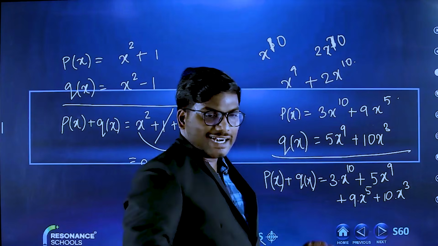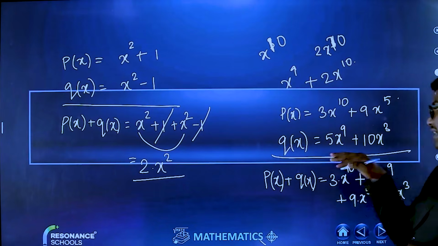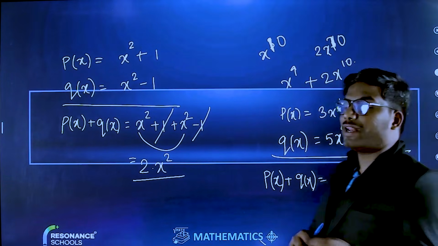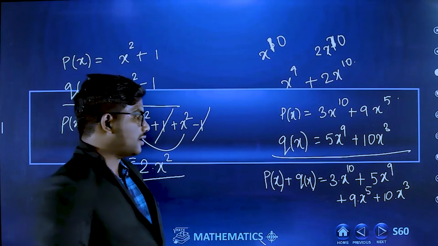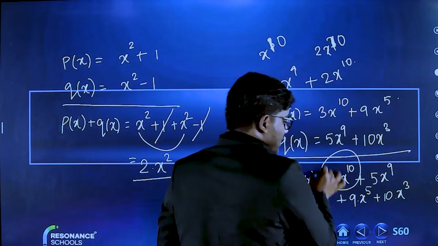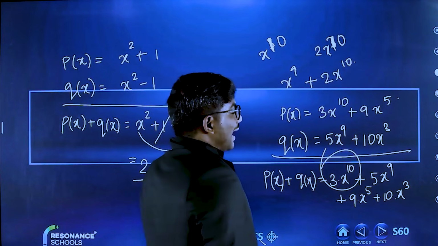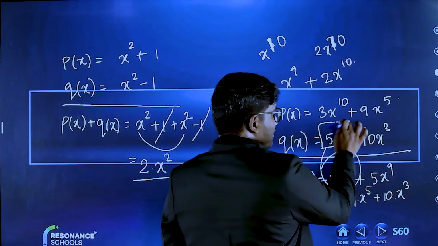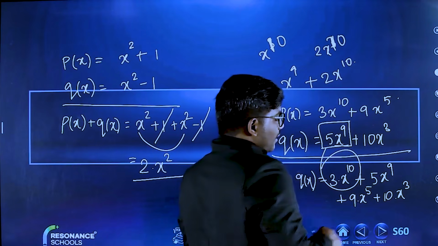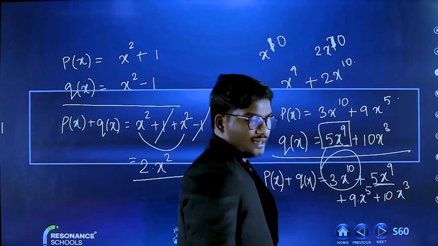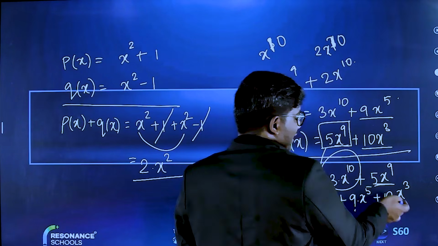It is a standard practice that while writing polynomials, we will write the terms in terms of their exponents in descending order. We will write the highest exponent first, which in this case was 3 into x power 10, right? After that, the next power in descending order would be 9. So we will write 5x power 9. After that, we will write 9x power 5, and then we will write 10x cube.